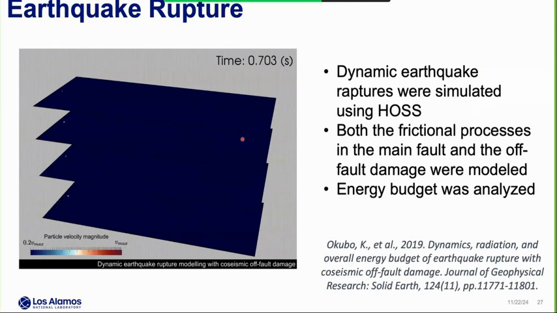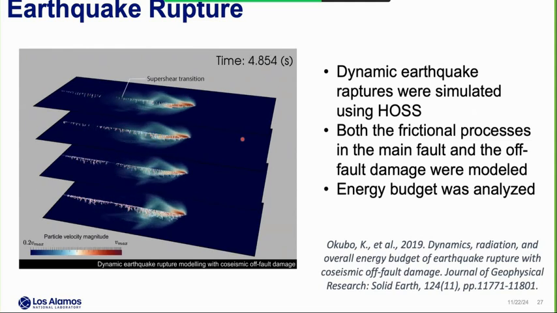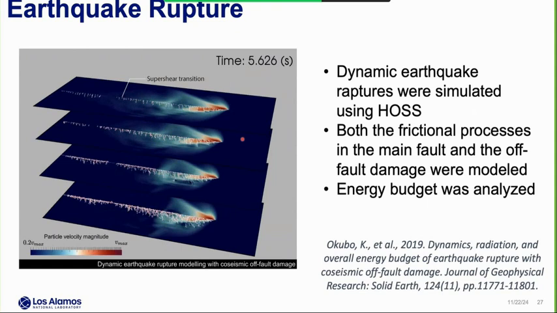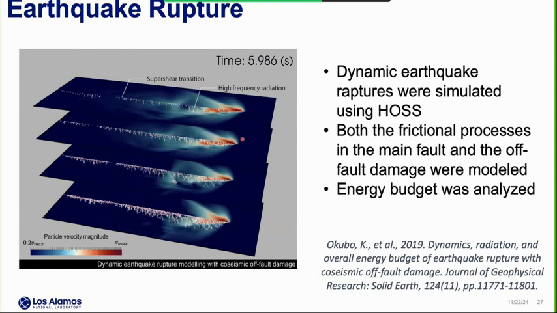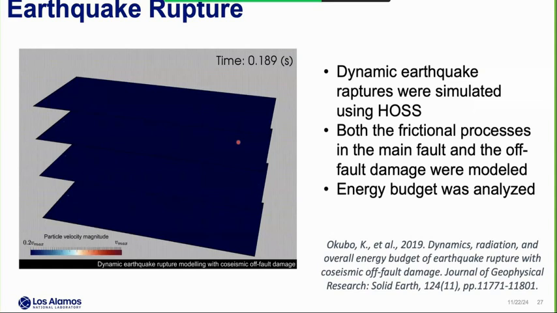So as I mentioned earlier, HOSS has also been used to simulate earthquake rupture. This is a piece of work done by our former PhD student from Paris. In the earthquake rupture community, we know that most work assumes that the rock is a continuum medium.